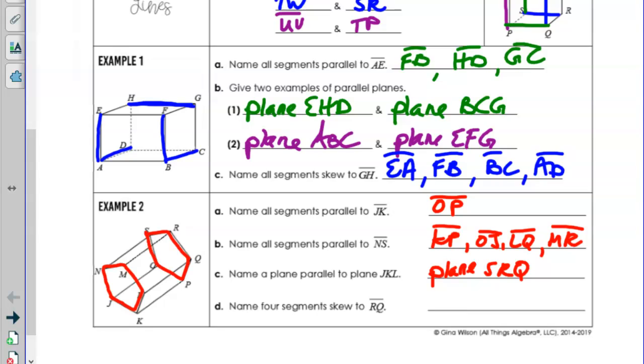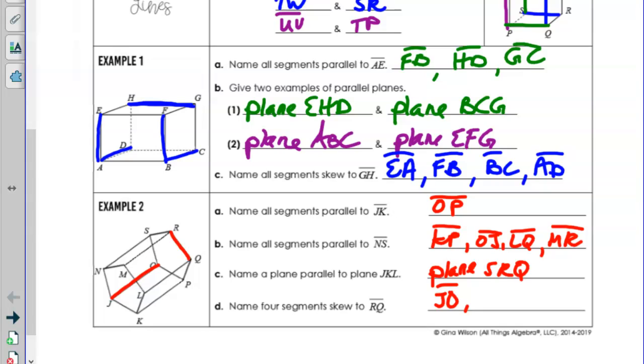Name 4 segments skew to RQ. Name 4 segments skew to RQ. JL? What'd you say? JO, there we go. What's another one? MJ, is that what you said? I don't know if M and J are connected.